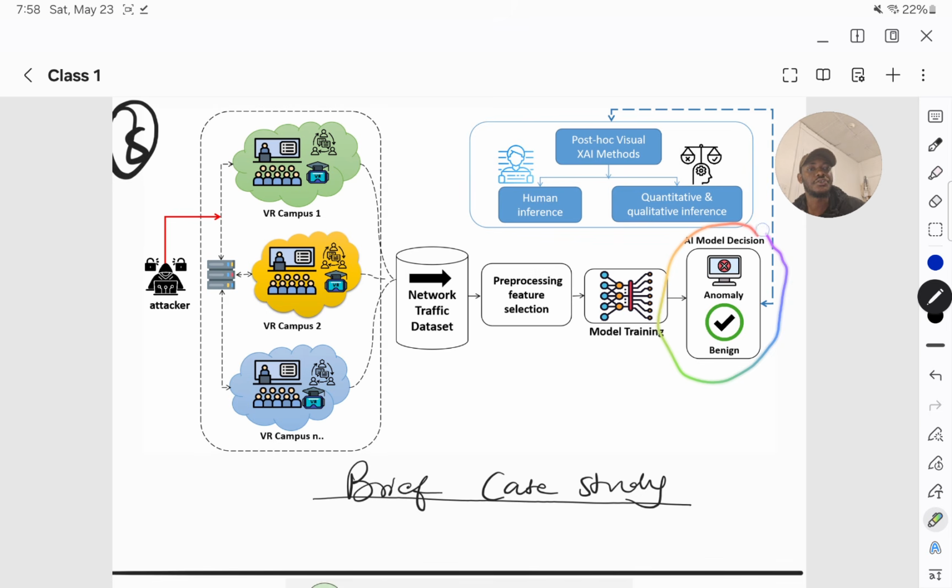After the model's decision, right, there's what we call XAI. XAI means explainable AI. Explainable AI essentially uses quantitative and qualitative techniques to interpret the decision of the model.